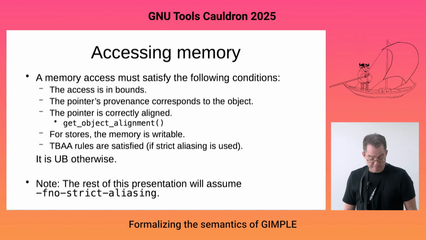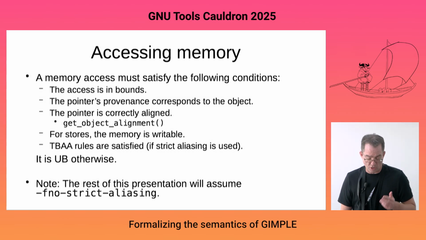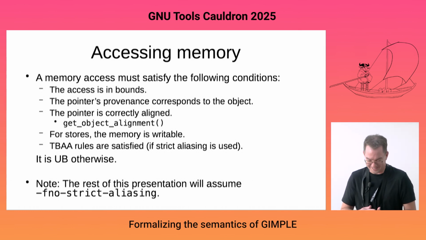When we access memory, it's undefined behavior unless all of these 5 things are true. The access must be in bounds, which is actually more complicated than it might sound. The rest of the presentation will be about that.